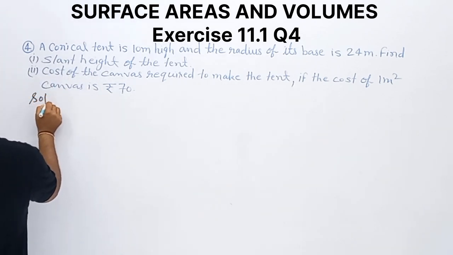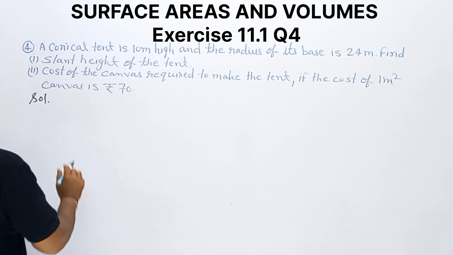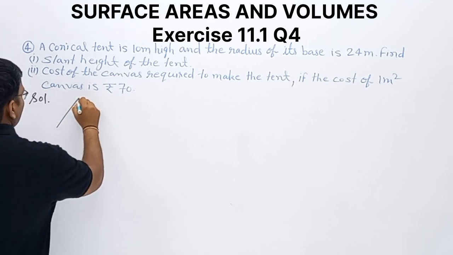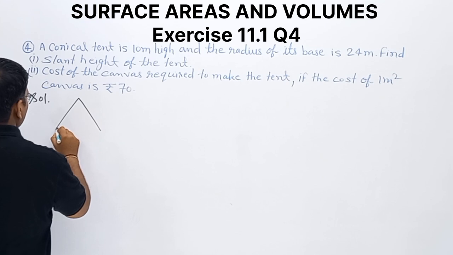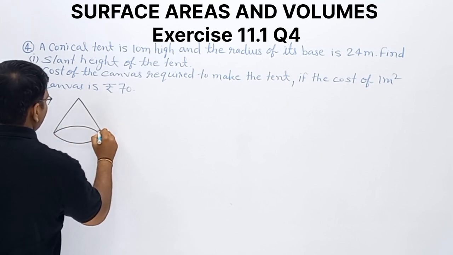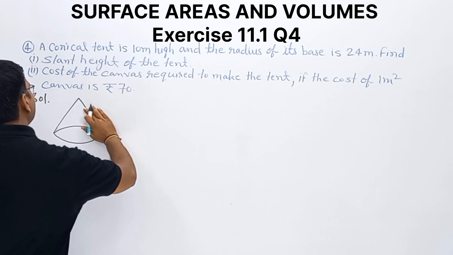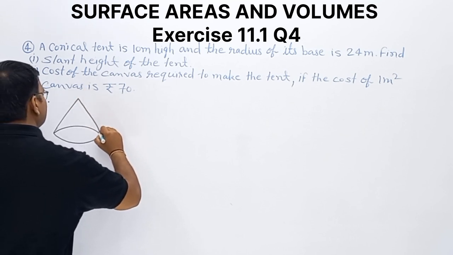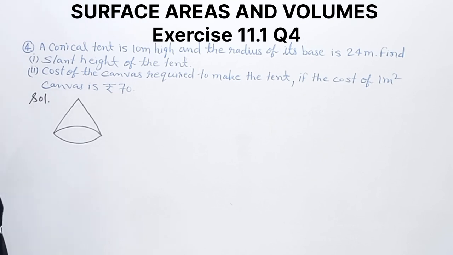What about its solution? A conical tent is in the shape of a cone. We are having a conical tent like this.